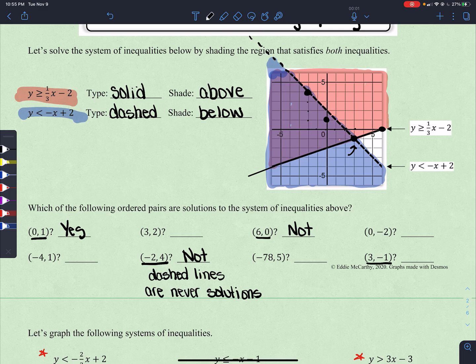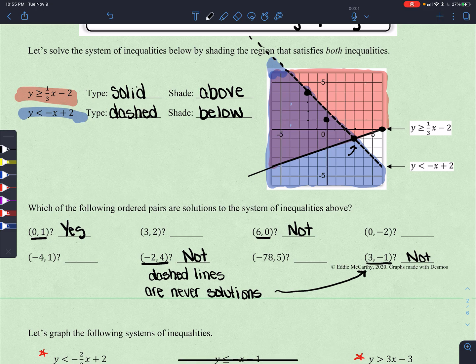Okay, and it is on a solid line, so it appears that it could be. But this rule here still applies. It cannot land on a dashed line. That one is also on a dashed line, so this one is not a solution.